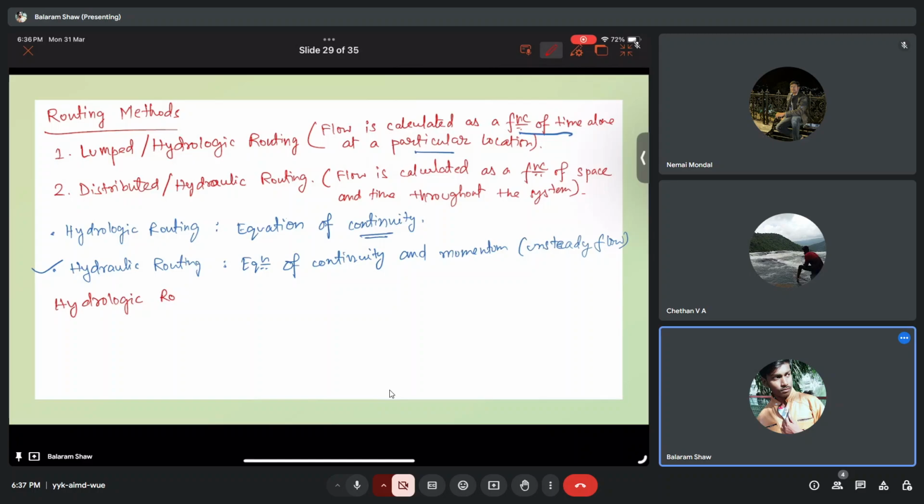If we write inflow as I, outflow as O, the change in storage would be dS/dt. Okay, so I is the inflow rate, O is the outflow rate, S is the storage, and dS/dt is the change in storage.